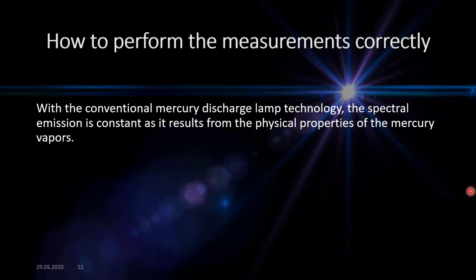discharge lamps are using different technology than LEDs to produce optical radiation in the UV. So the spectral emission is constant because it's a pure physical property of the mercury vapors inside the lamp that is producing the radiation in a very specific wavelength and always in the same wavelength.